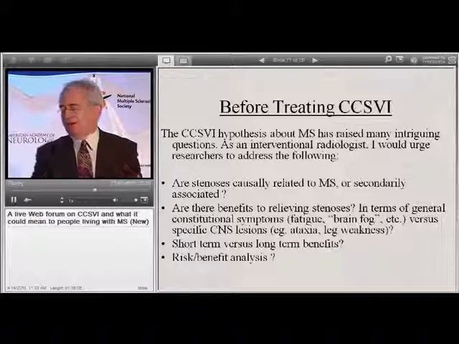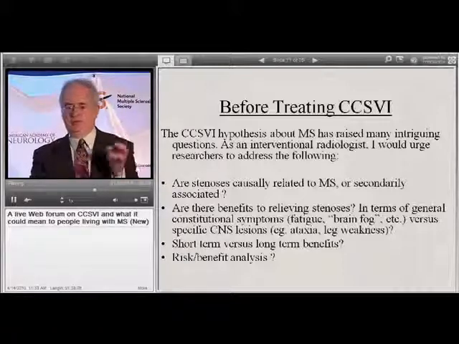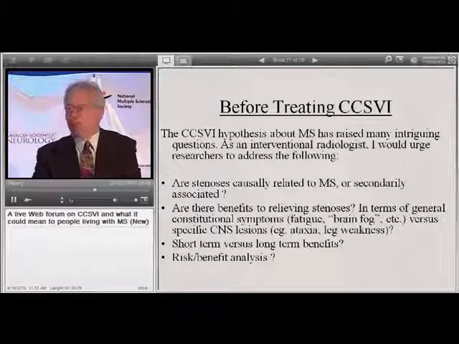But we haven't heard a lot about benefit in symptoms related to specific plaques within the central nervous system, such as symptoms of ataxia or leg weakness. What are the short-term versus the long-term benefits, and what is the risk benefit to an individual patient?